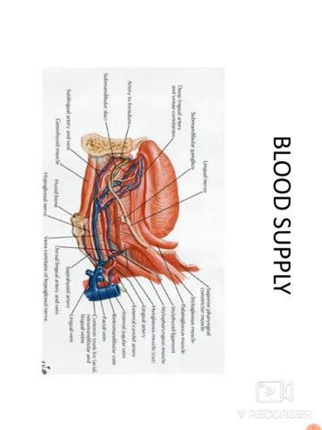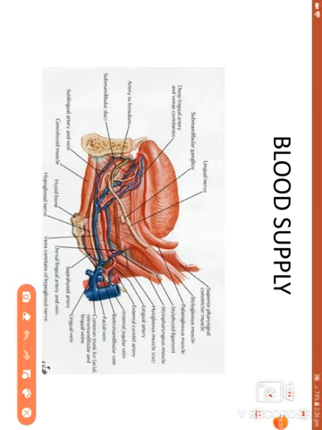Then coming to the blood supply, here you can see the lingual artery, a branch of the external carotid. The sublingual artery goes here, and through the sublingual artery the sublingual salivary gland gets its arterial supply.